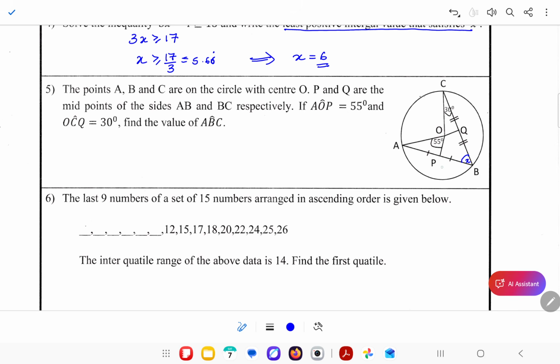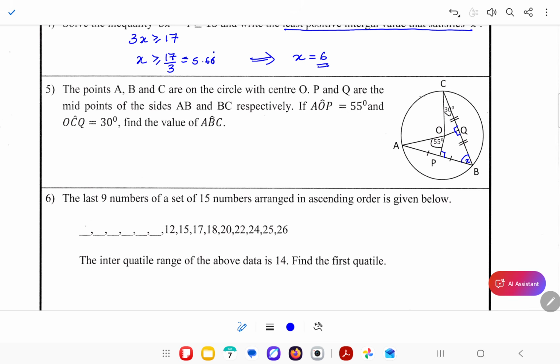Because P is the midpoint of AB, the line OP is the midpoint connected to the center, so OP is a perpendicular bisector of AB. Similarly, because Q is a midpoint of CB, OQ is a perpendicular bisector of BC.